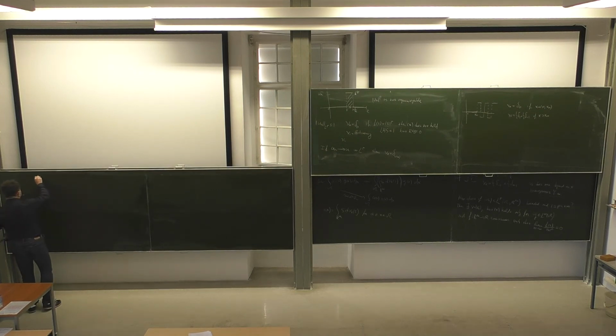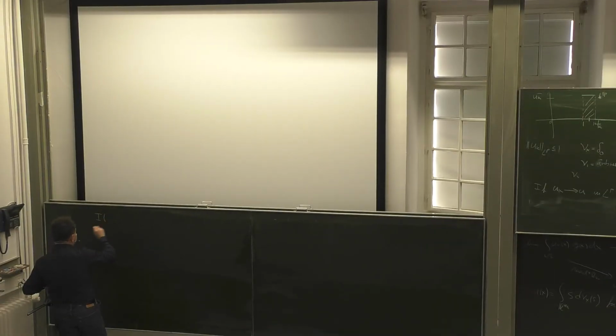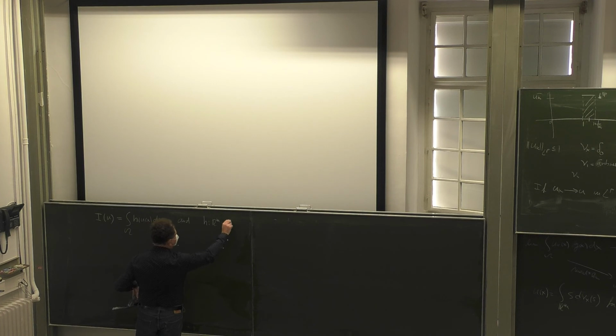Assume that you have I of u, and this will be the functional integral of h of u(x) dx over omega, where h is from R^m to R, and it's convex.